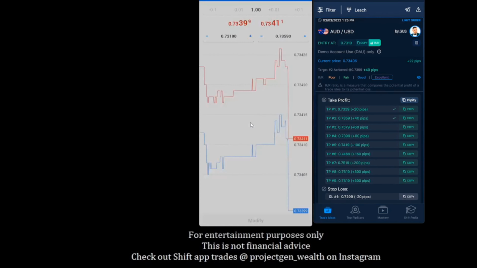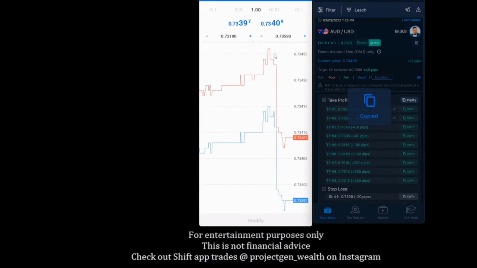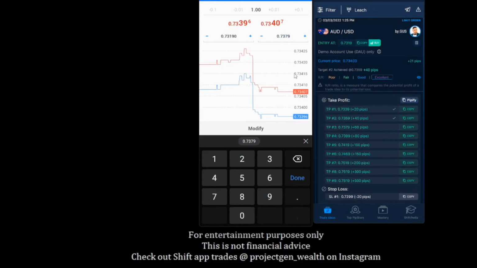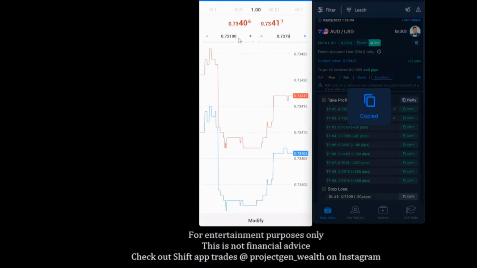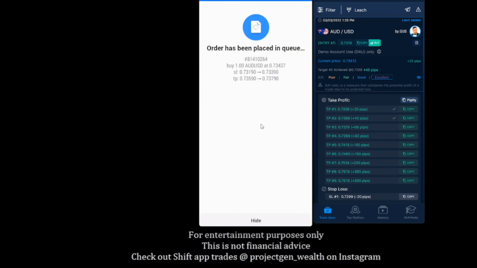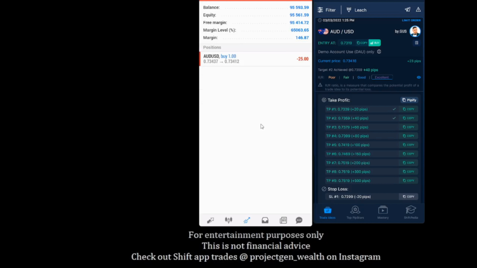You will modify the order. You will copy take profit 3, paste it in the take profit field, but you're also going to move your stop loss, and you're going to move your stop loss to take profit 1. And you would continue to do this until you decided that you didn't want to move your take profits or anything anymore, and then you just wait for the trade to close out.